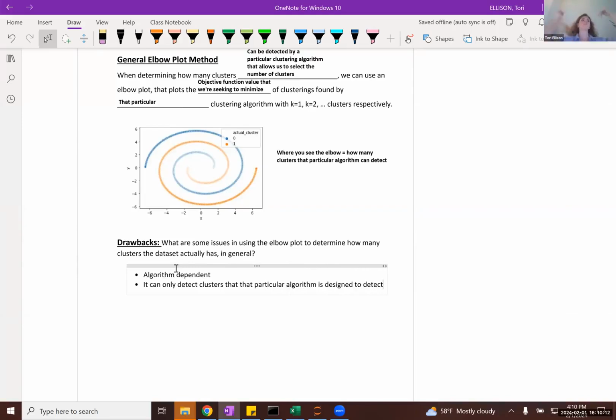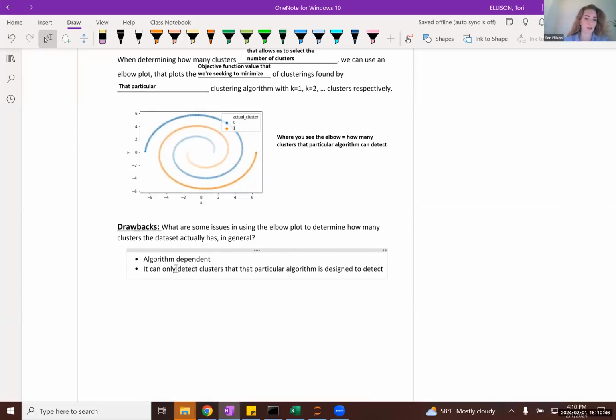Given that we probably don't want to literally use every clustering algorithm that exists in the literature and create a corresponding elbow plot for each of them, it benefits us to also explore clustering evaluation metrics that can help us determine the ideal number of clusters in a given data set that, again, are not dependent on any one particular clustering algorithm.